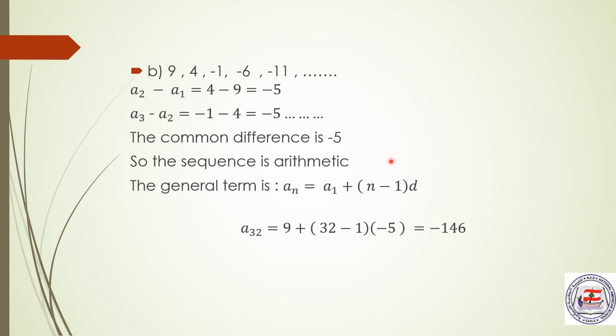So the sequence is an arithmetic sequence and its general term is in the form a_n equals a_1 plus (n minus 1)d. Replacing n by 32, since the question is to find the 32nd term, we get a_32 equals 9 plus 31 times negative 5, which gives negative 146.